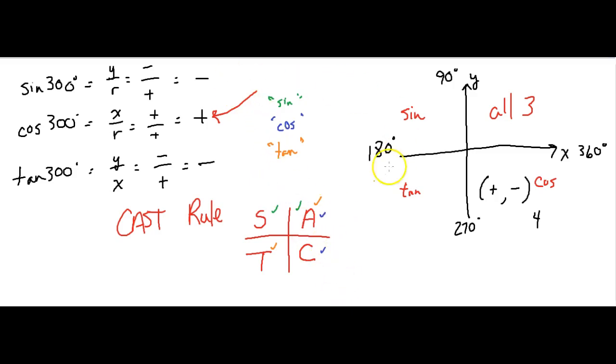If it's 0, it is on the axis itself. But right now, let's think about a number as being positive or negative. So, if sine is not positive, it must be negative. So, if sine is positive in quadrant 1 and 2, then it must be negative in quadrant 3 and 4, and so on. And that's the CAST rule.